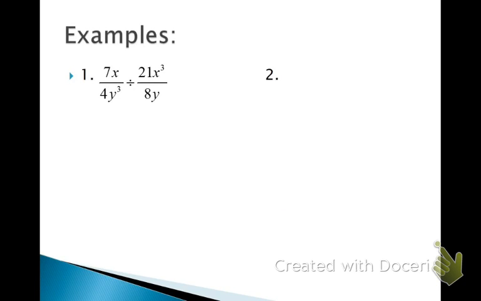Here we go. I'll go ahead and put up 1 and 2. So before I do anything else, my very first step is going to be to change these into multiplication problems.